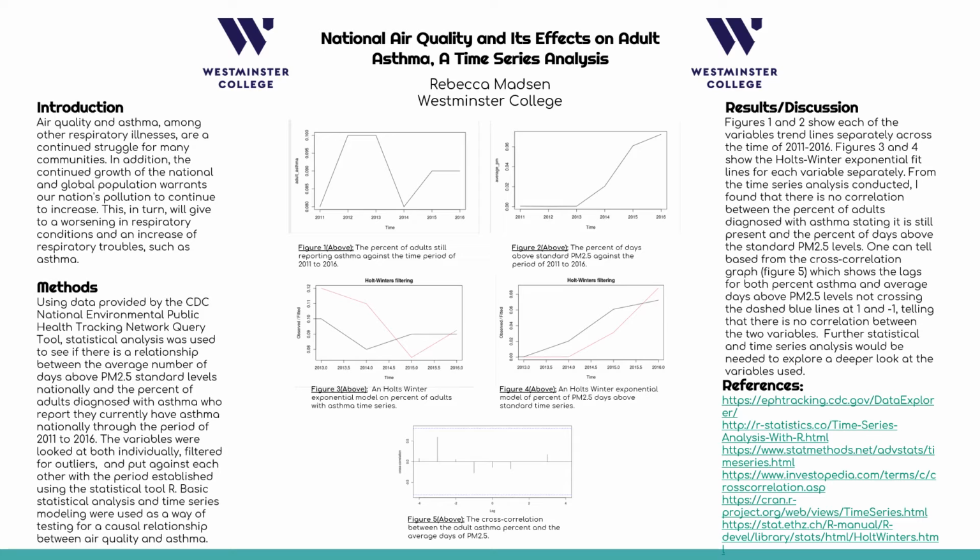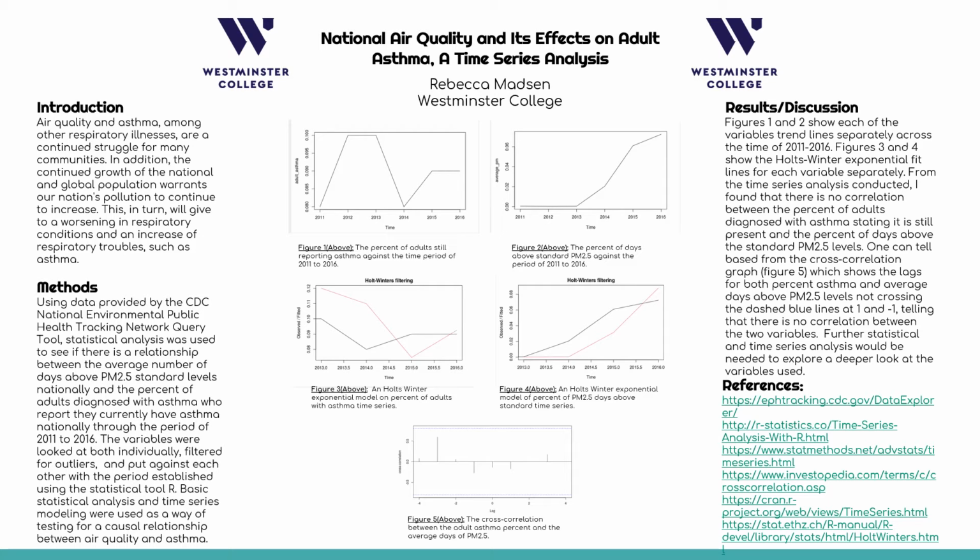For Figures 3 and 4, I used the Holt-Winters function, which is used to fit an exponential model for limiting the squared prediction error in a time series forecasting for prediction, which is the red line seen on Figures 3 and 4.